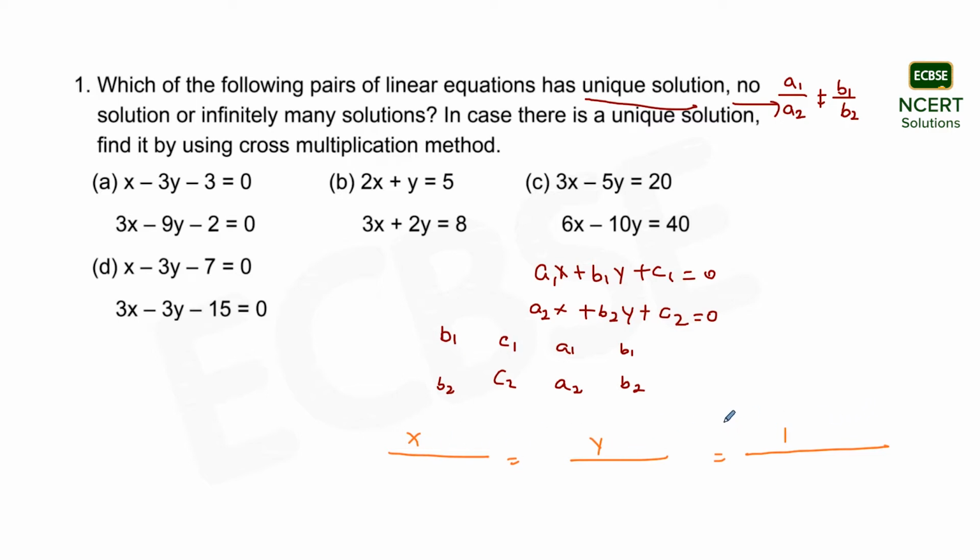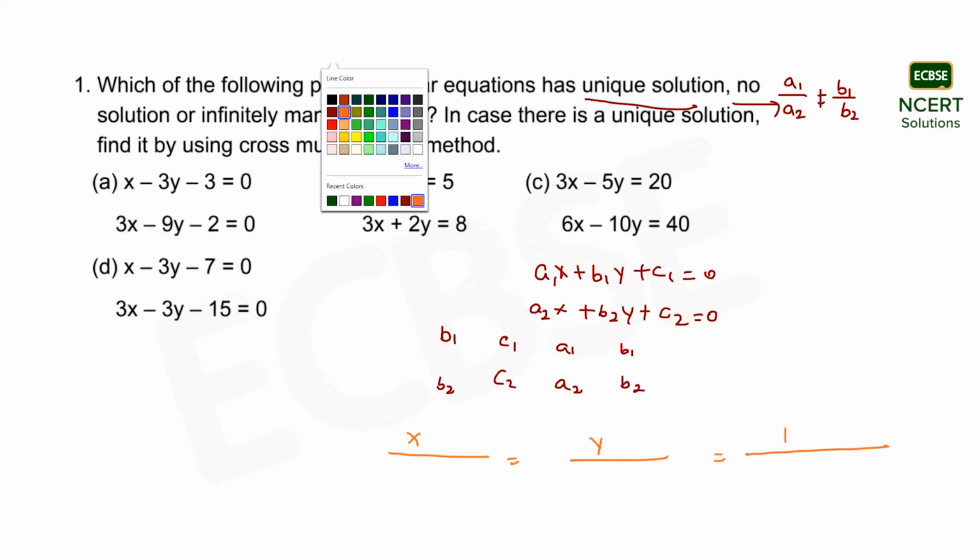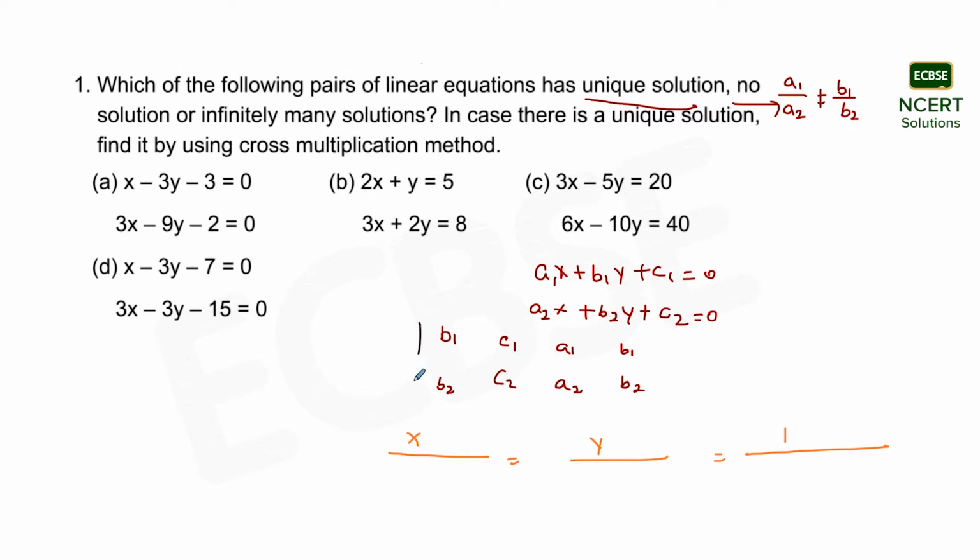And then the question arises what the denominator is going to be. That is, what will be the denominator of the ratio where x is the numerator, where y is the numerator and where the constant term, that is 1, is in the numerator. So in order to get the denominator of the first ratio, let us consider a window which includes the elements b1, c1, b2 and c2.